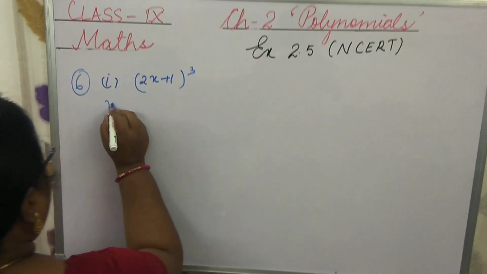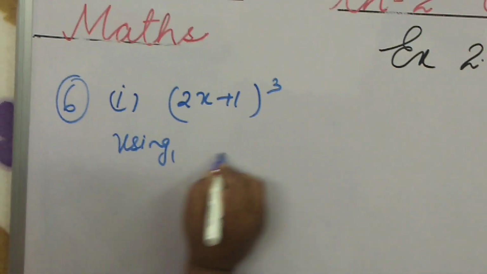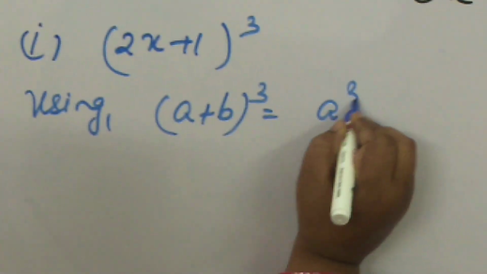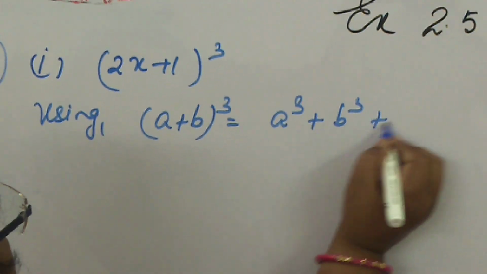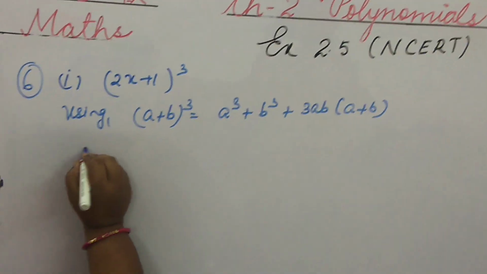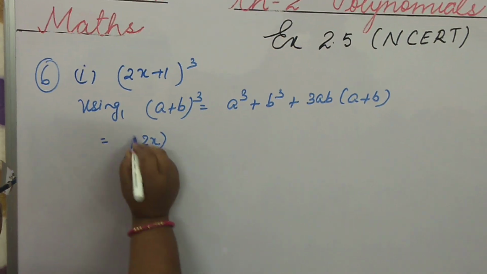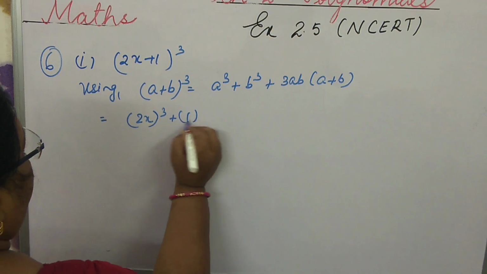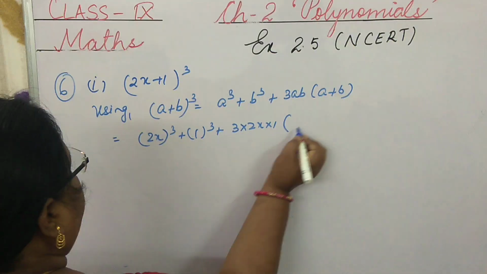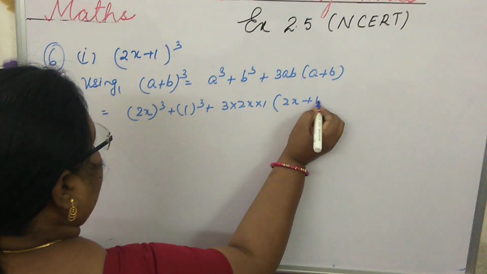So here we will be using the formula a plus b whole cube equals a cube plus b cube plus 3ab into a plus b. Here a is 2x whole cube plus 1 whole cube plus 3 into 2x into 1, into 2x plus 1.